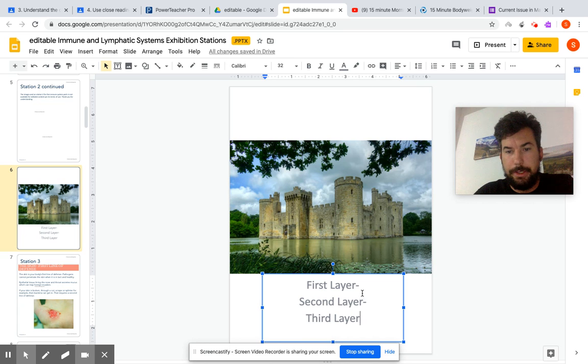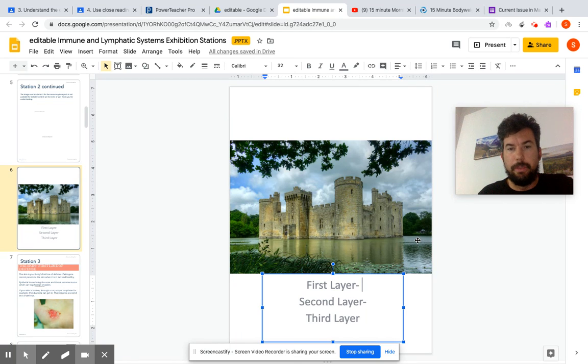Really, this is analogous to your first layer of defense. Basically, the wall of the castle is the skin of your body. It's going to try and stop most pathogens from entering your body. I like to think of the moat around it as the mucous membrane. That is, the areas in your nasal cavity, in your throat, in your reproductive organs that mean germs cannot get in there.